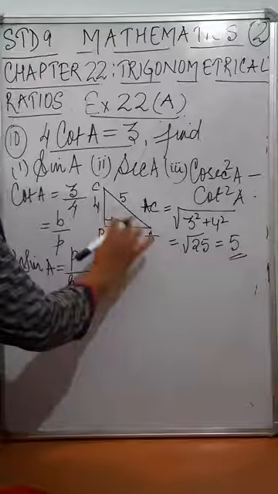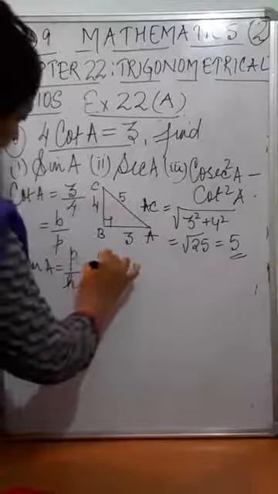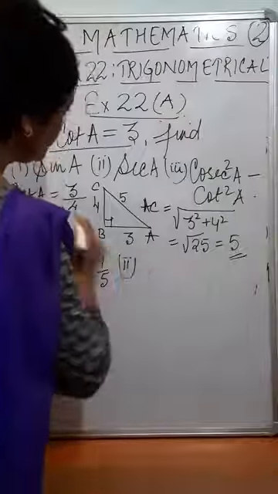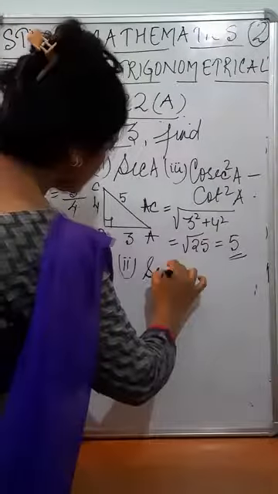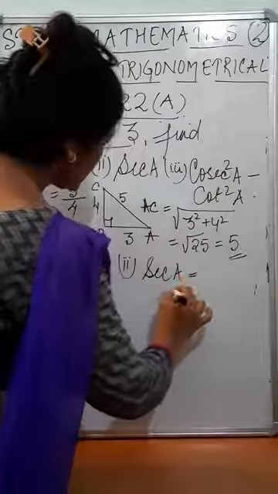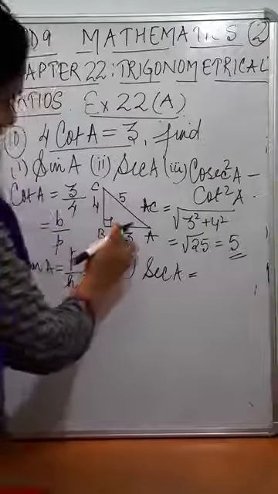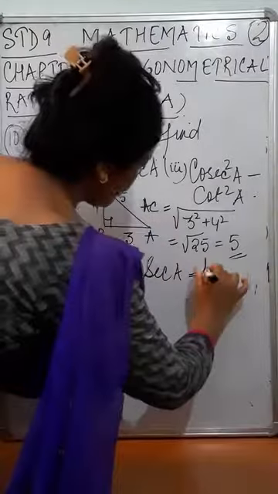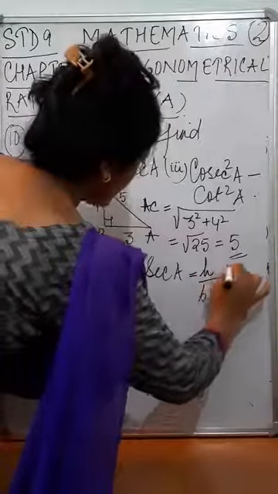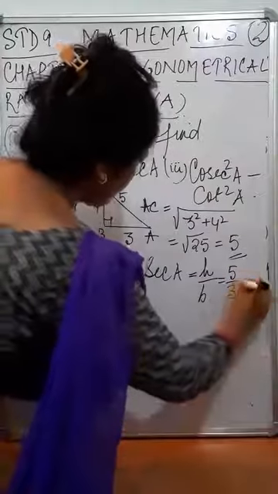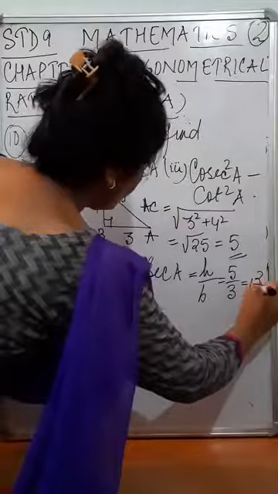Perpendicular is 4 by 5. Second is sec A, and sec is equal to hypotenuse by base, which is equal to 5 by 3. In the mixed fraction form, it is 1 and 2 by 3.